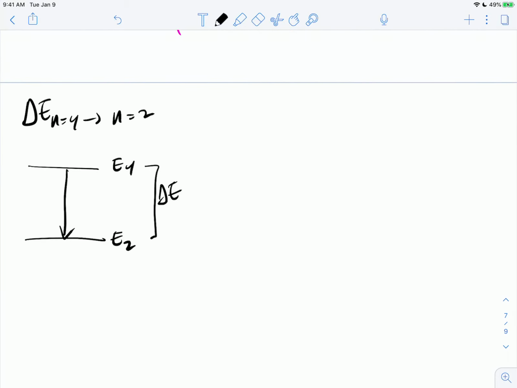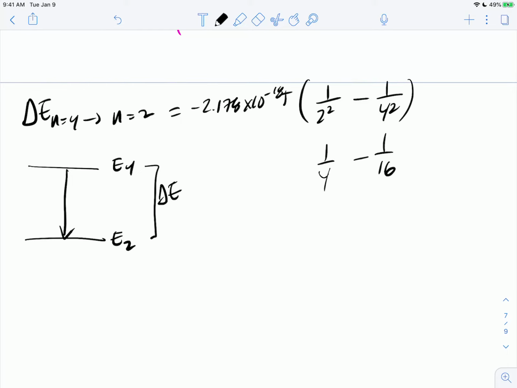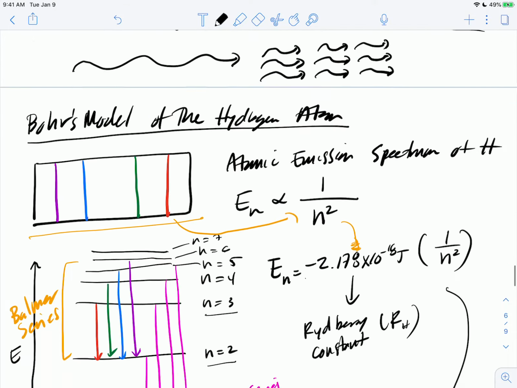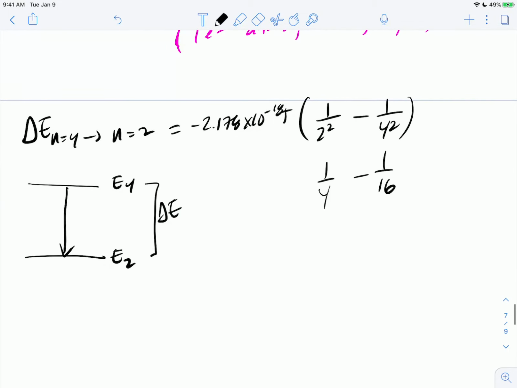For the hydrogen atom, delta E is equal to negative 2.178 times 10 to the negative 18th joules, times 1 over final, where we end up is 2, so 2 squared, minus 1 over the initial, which is 4 squared. So this is 1/4 minus 1/16. And you'll notice when the bigger number is on the bottom, when you square it, the fraction is smaller, so this number is positive, so the sign still maintains its negative value.